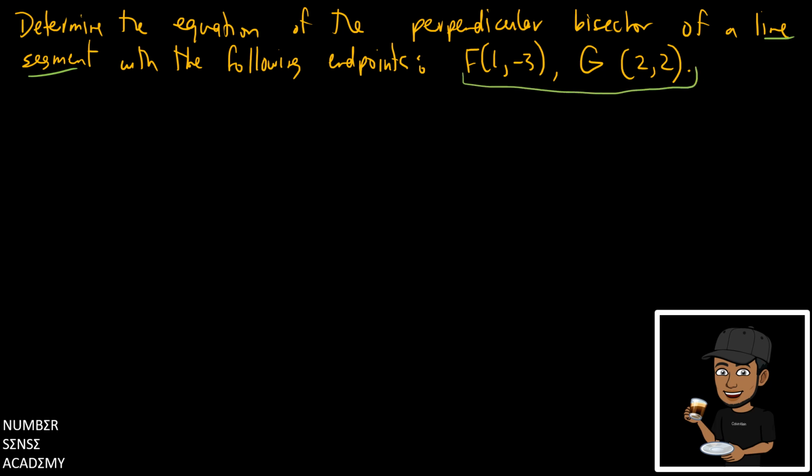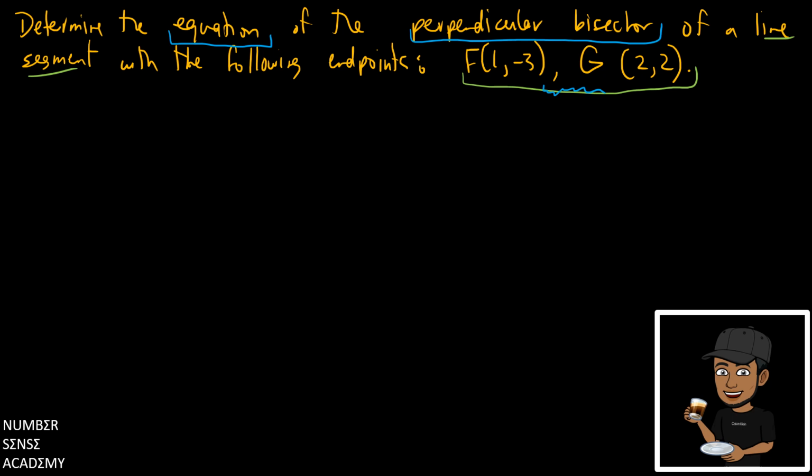All right? And we want to find the equation of the perpendicular bisector of the line segment that has these coordinates. So if you want to put it on a graph to do it, great, but you don't have to, because what we need to do is first, we're going to do a couple things.